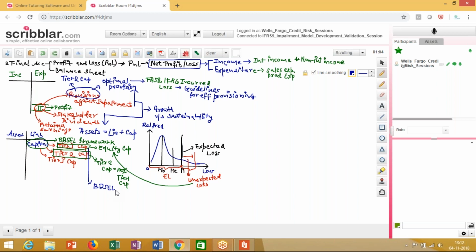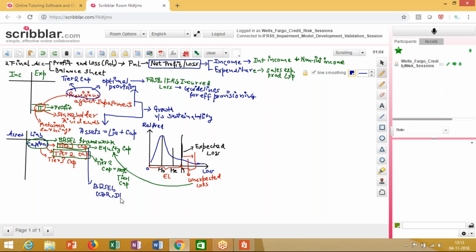These are all targeted to ensure that your tier 1 capital is sufficient.